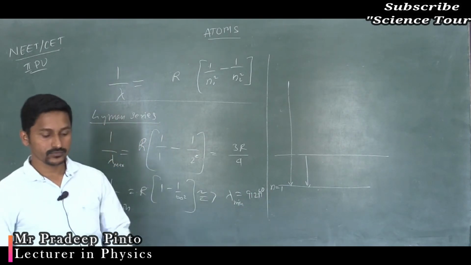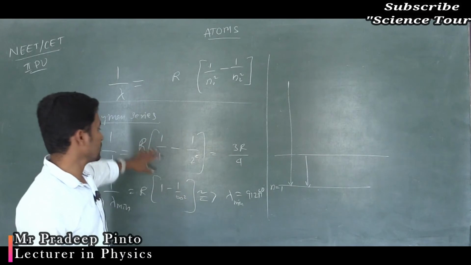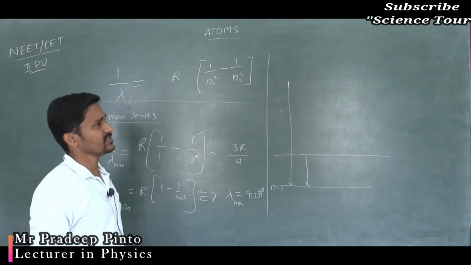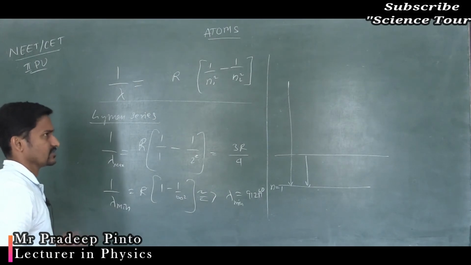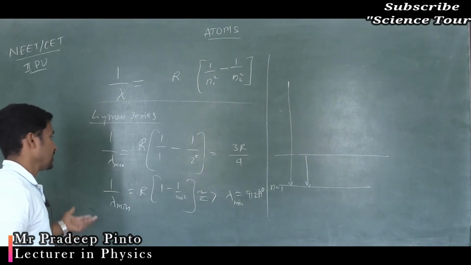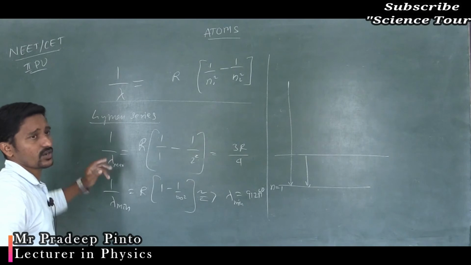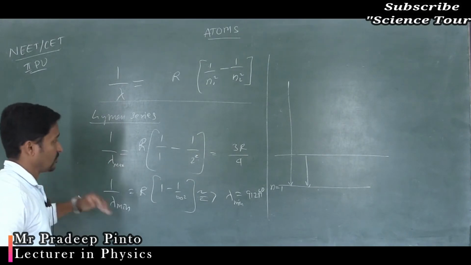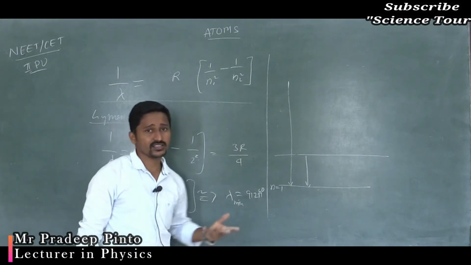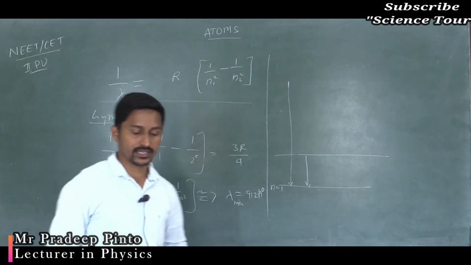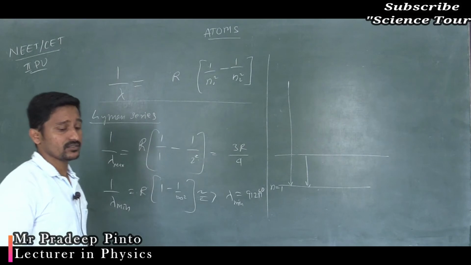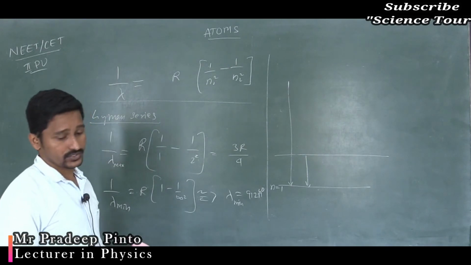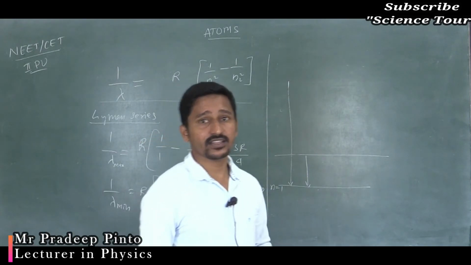So this one you have to calculate. If you remember, it is very easy for you. Some examples, like ratios, they are going to ask, so try to remember the minimum and maximum for all the series. This will be in the ultraviolet region.